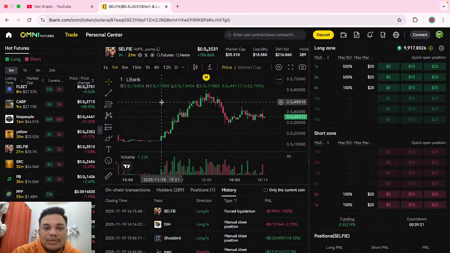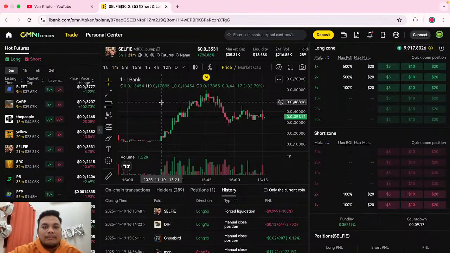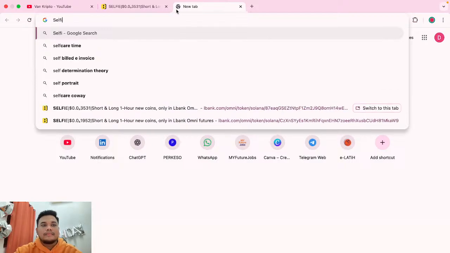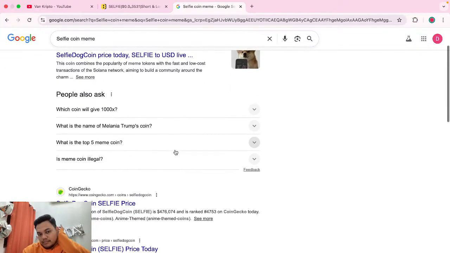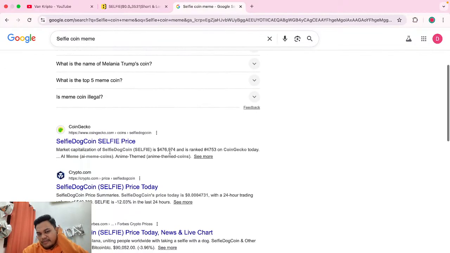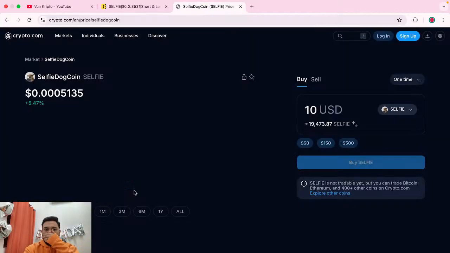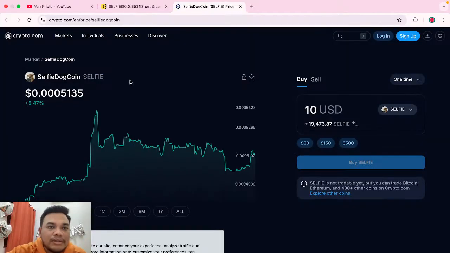How about we just go check what this selfie coin is all about, right? Okay, selfie dog coin. I think this is it. No, it's not.